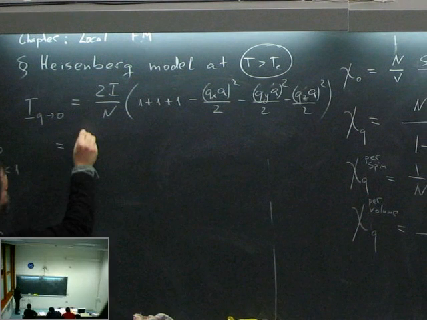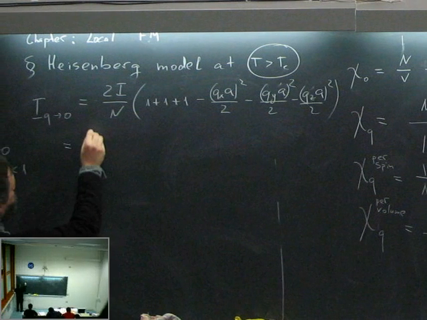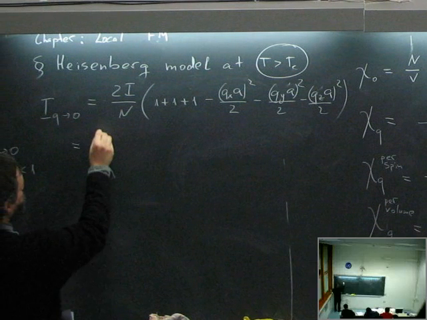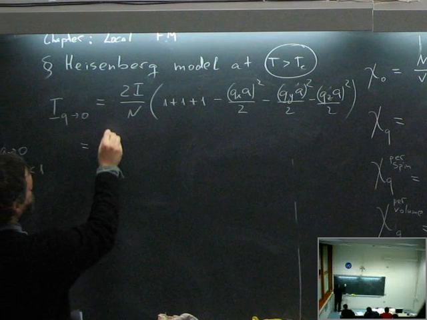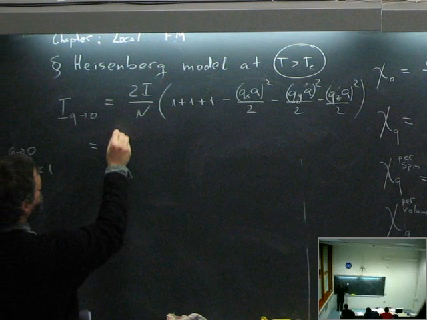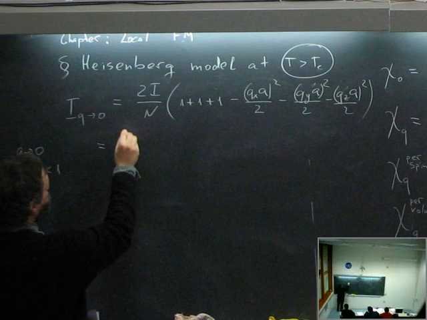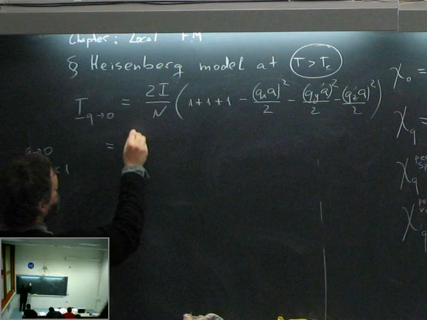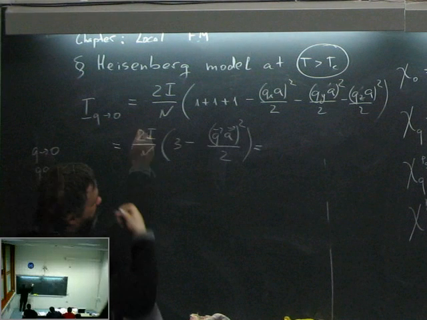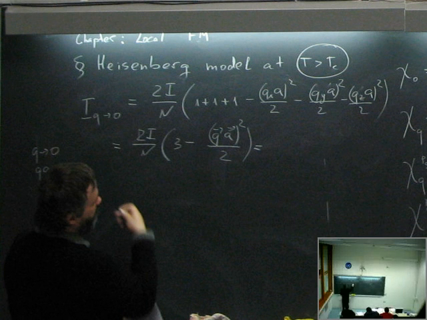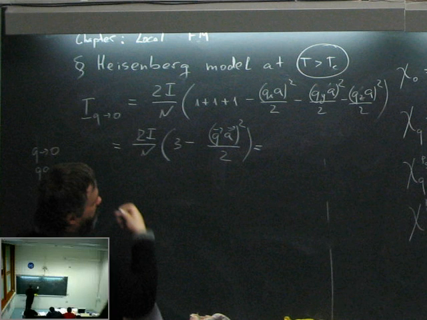Right? So in total, it's equal to 2I over n, here we have 3 minus, I will write it as qa squared over 2. Or it is equal, if I take out 3, I will get 6I over n, and here 1 minus (qa over 6) squared.